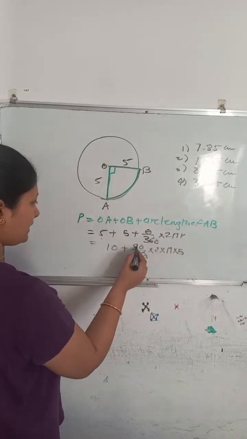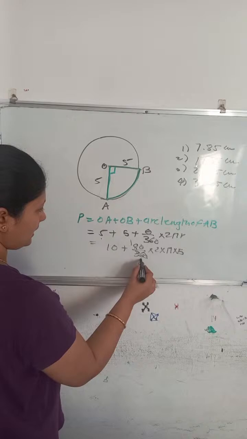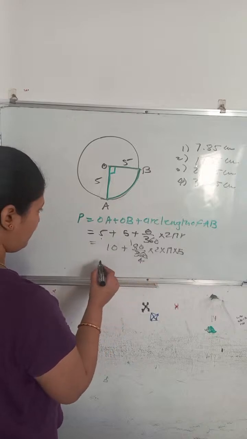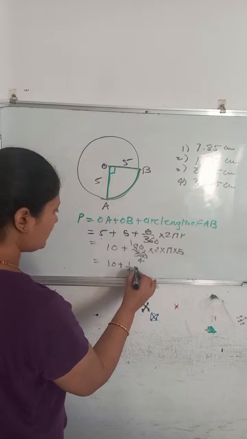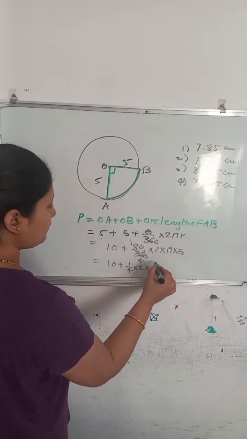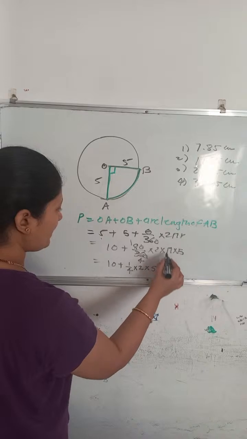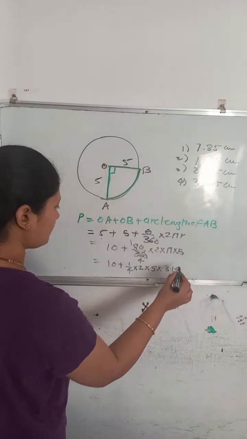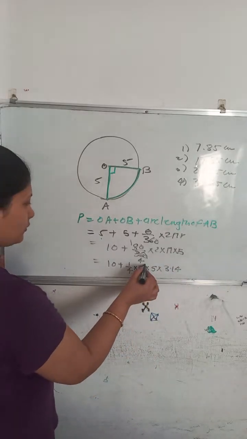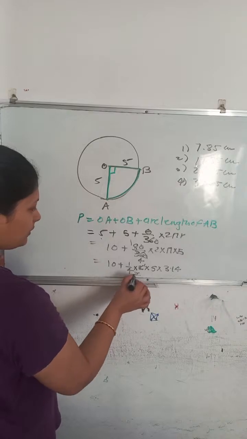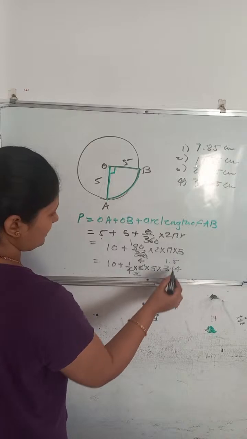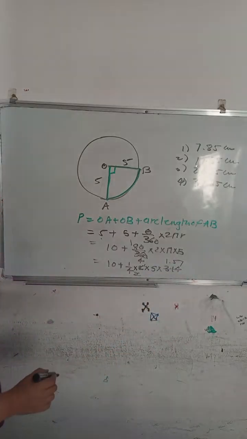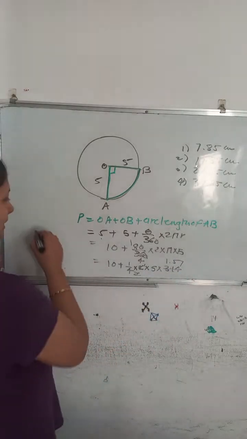So the zeros get cancelled, 9 ones are 9, and here by 4. Okay, so here 10 plus 1 by 4 into 2 into 5 into pi, which is 3.14. Here 2 ones are 2, 2 twos are 4, 2 fives are 10, and here 1.57 into 5 plus 10.